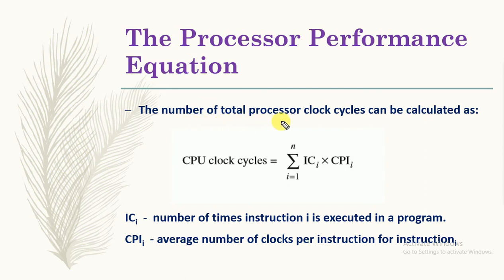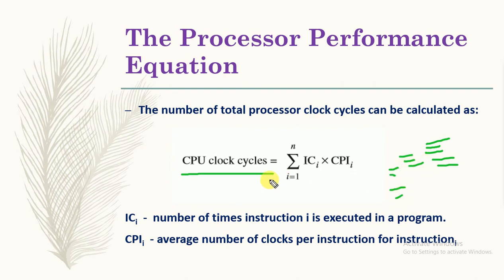The number of total processor clock cycles, the CPU clock cycles, can be evaluated as the summation from i = 1 to n of IC_i, instruction count, into CPI_i, cycles per instruction. IC_i indicates the number of times instruction i is executed. So some instructions will be executing 5 times, some 4 times, some 2 times. That depends on the program.